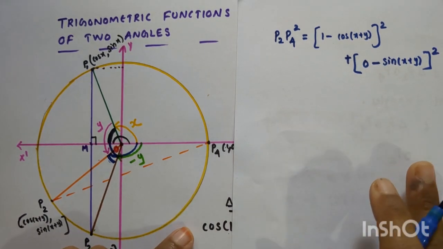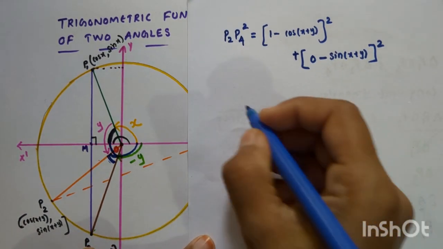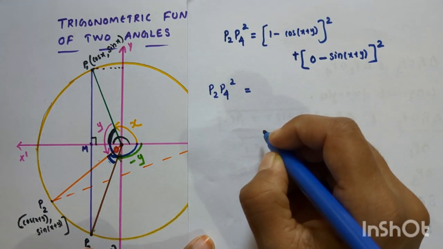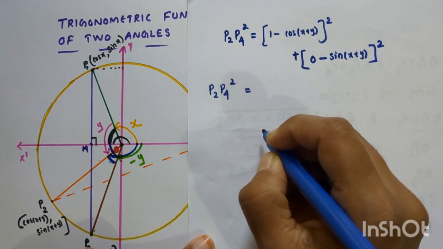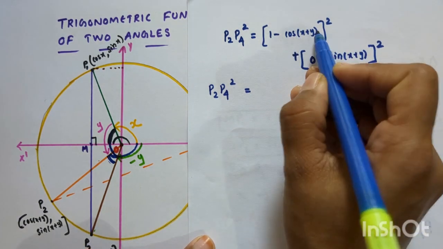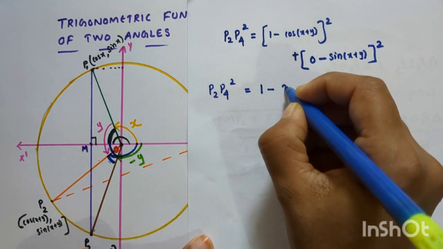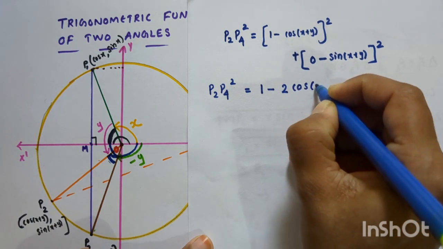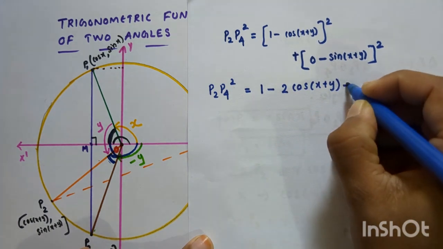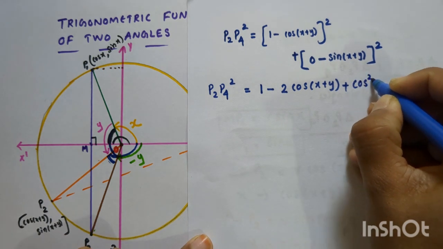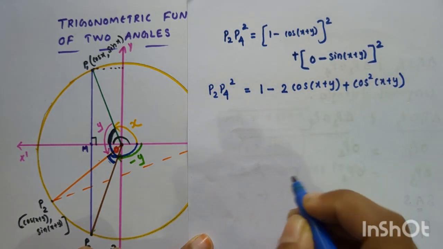So here we can write P2P4 all square is equal to, I am going to just expand it, a minus b all square. So a square, 1 square is 1, minus 2ab, 2 into 1 into cos of x plus y, plus b square, b means cos of x plus y, so cos square of x plus y.